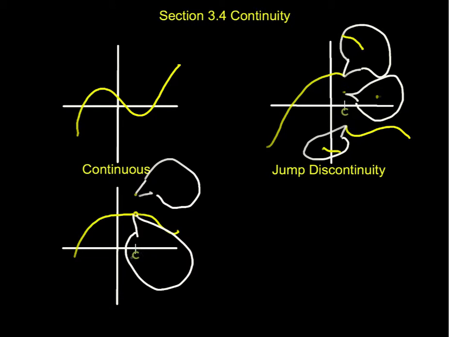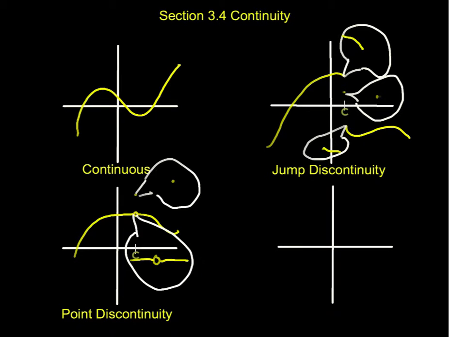Here, the graph comes along, and then there's a hole, and then continues on its merry way. Whereas up here, we would just see a point floating by itself in space. So up here, we've got a point, down here, we've got a hole, and this is what we would call a point discontinuity.